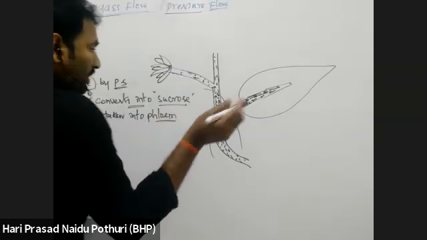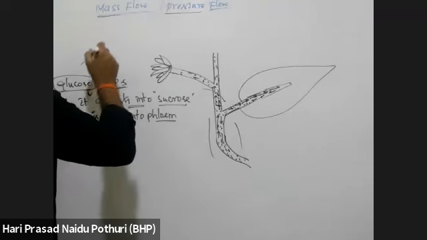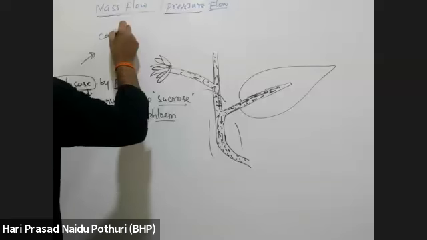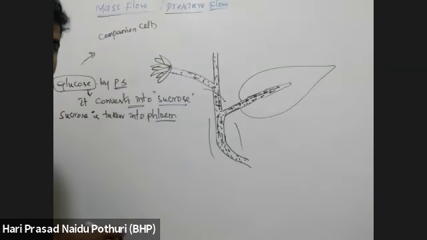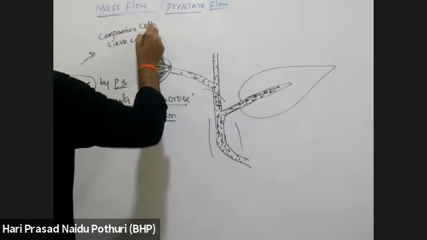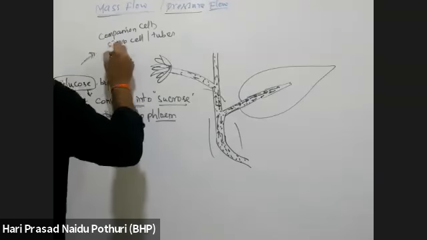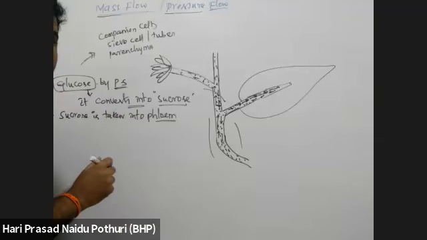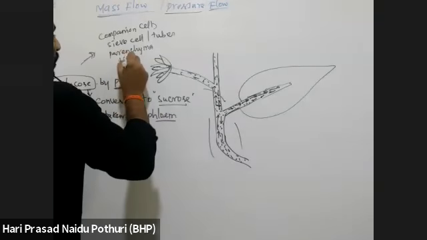Phloem has different units, you know. What are the parts of phloem? Companion cells, sieve elements, sieve cells, sieve tubes, phloem parenchyma, phloem fibers.